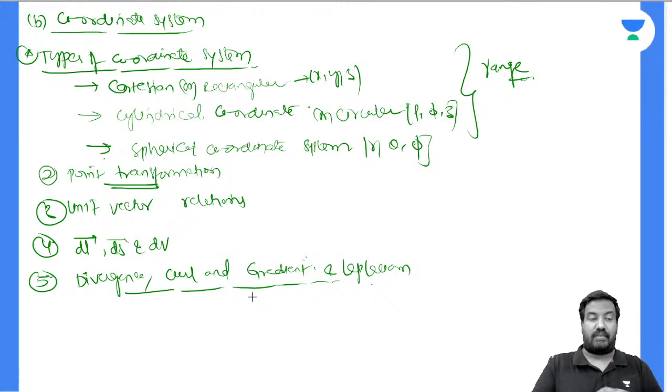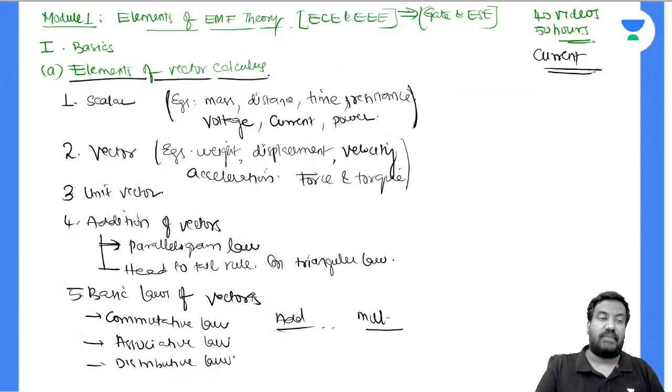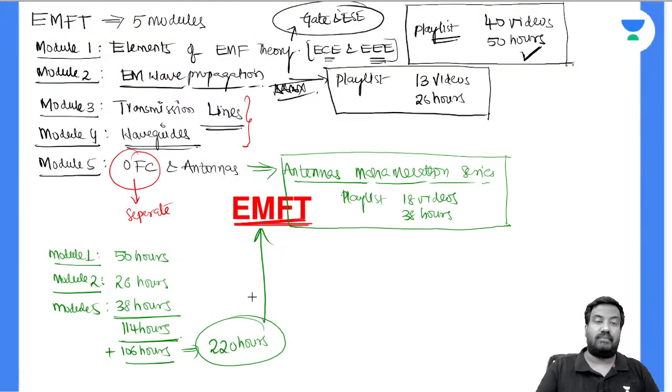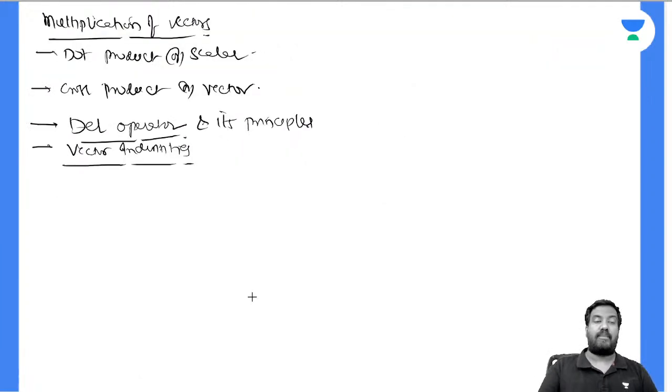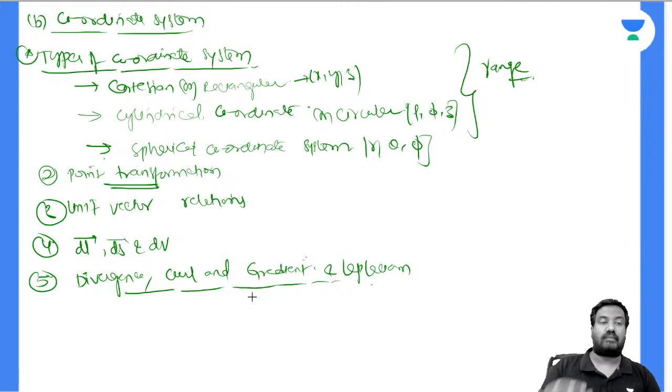So we derived all this. Most importantly, dl, ds, dv, divergence, curl, gradient and Laplacian, all the three coordinate systems is wonderfully explained in that particular series. Clear? Those are basics there.